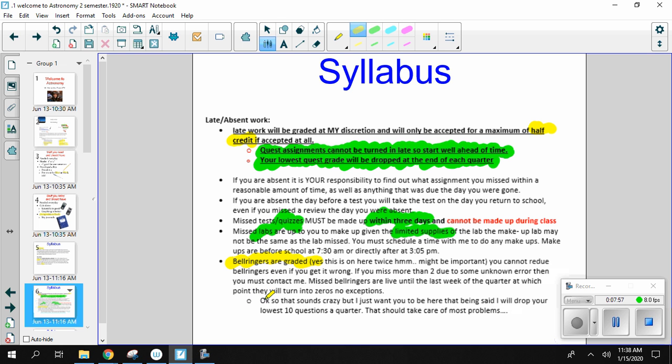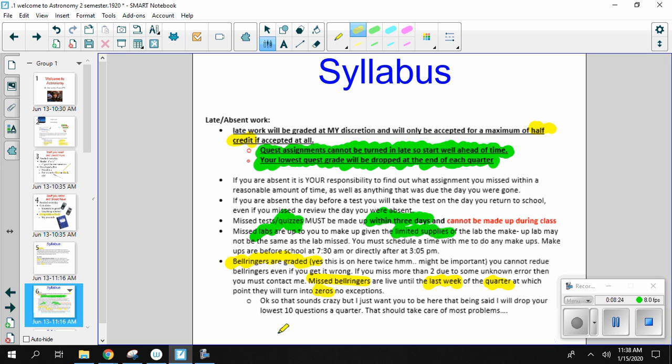If you're absent, or your cell phone doesn't work, or your Chromebook's not working, or the internet's not working, whatever the case is, try to get those in. Any missed bell ringers at the last week of the quarter, I am going to turn them into 0. So you have plenty of time to get any missed stuff done, but don't let those pile up.